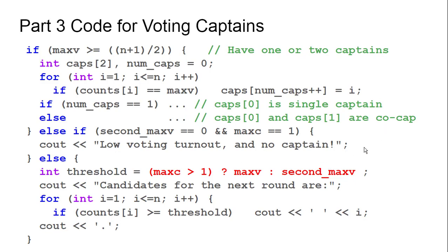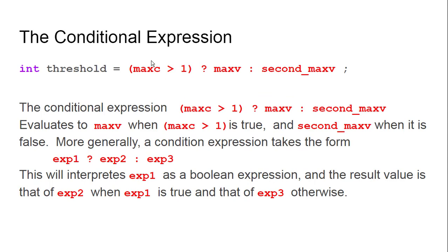So let's examine this syntax. This is known as a conditional expression. This conditional expression will evaluate to maxv if the part before the question mark is true, and evaluate to the second part if that part evaluates to false. More generally, a conditional expression takes the form of 3 expressions separated by a question mark and a colon: expression 1, question mark, expression 2, colon, expression 3.